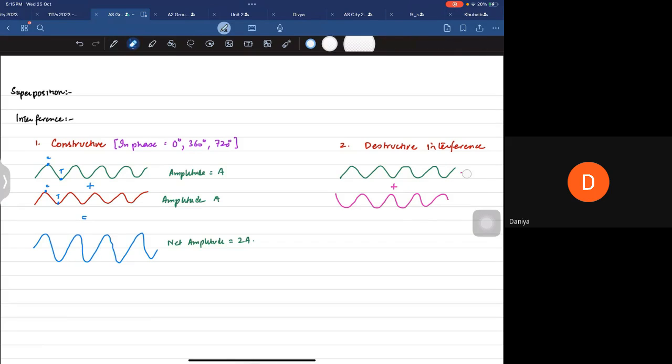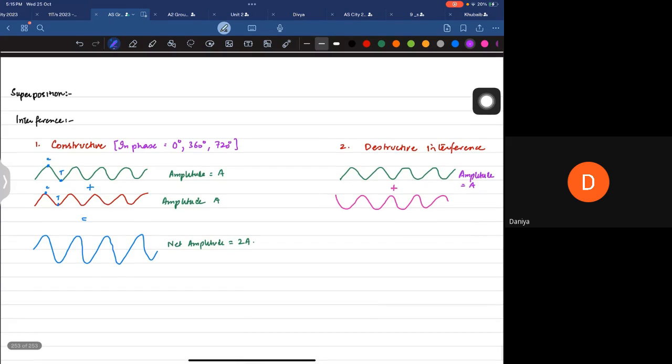and wait, let me write it down. I'm sorry, but I'm a bit sick. Amplitude A, and this one has an amplitude negative A because, as you can see, the crests of this are meeting with troughs of these, and the troughs of these are meeting with crests of those.